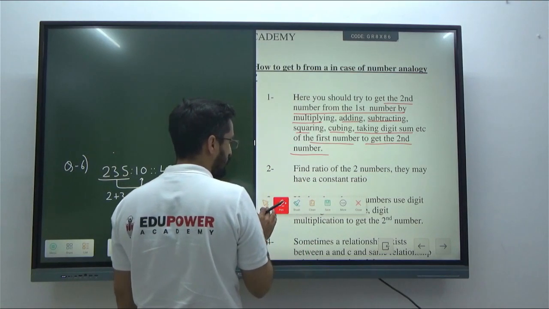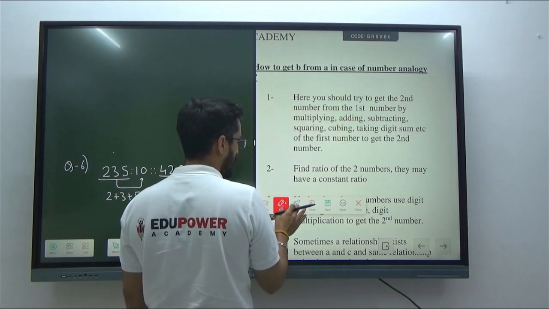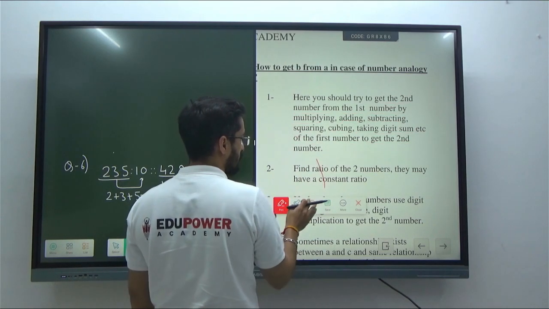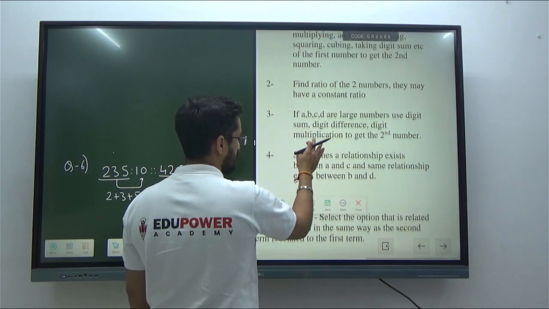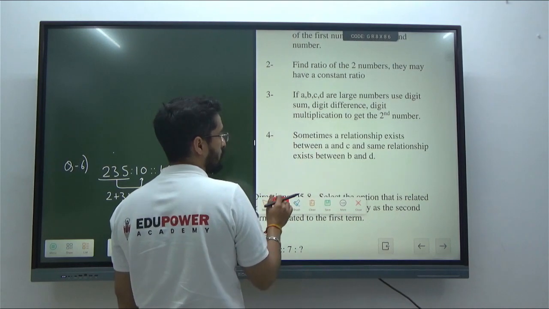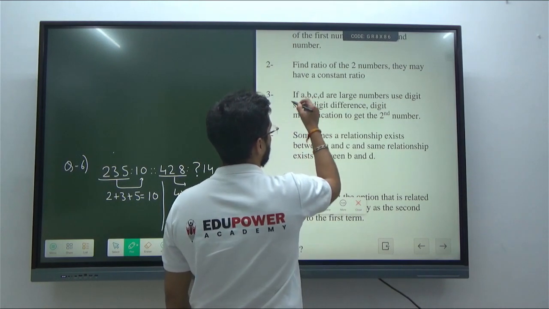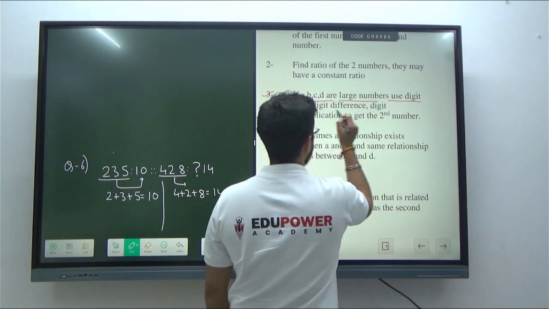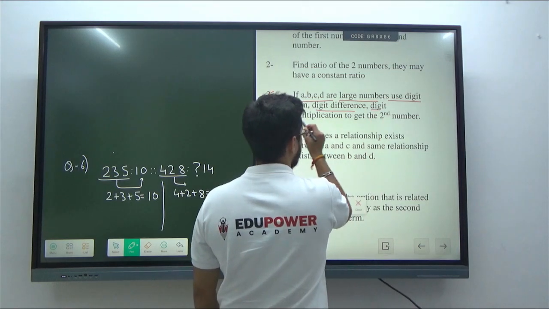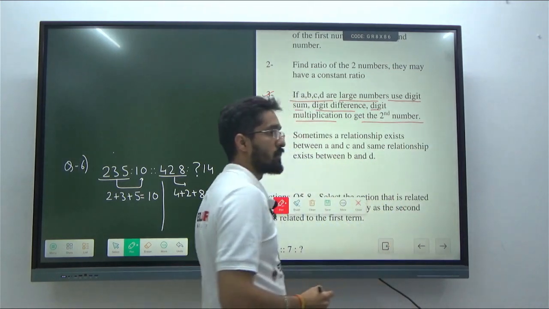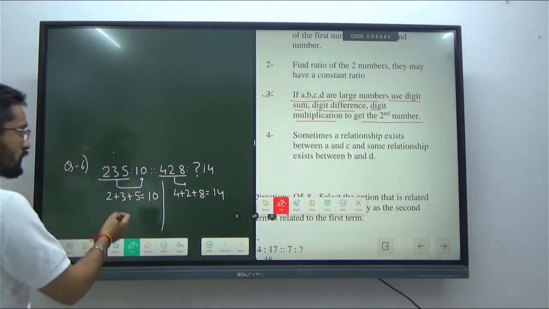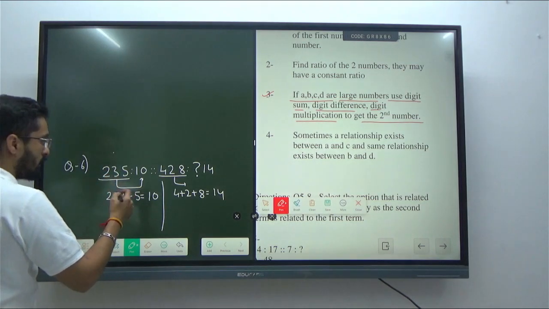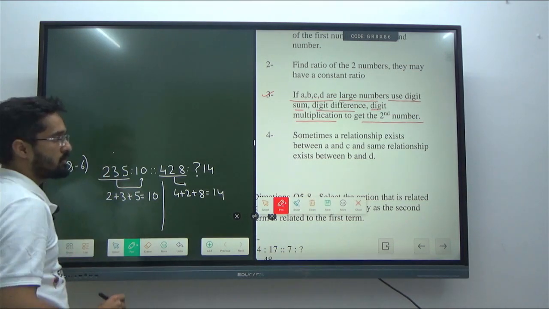Next approach which we will study is, sometimes a relationship, third approach: if A, B, C, D are large numbers, we use the digit sum, digit difference, digit multiplication to get the second number. So this question which we solved was based on the digit sum approach.